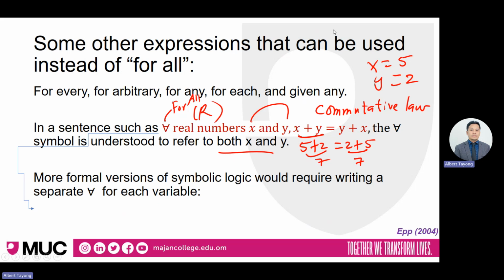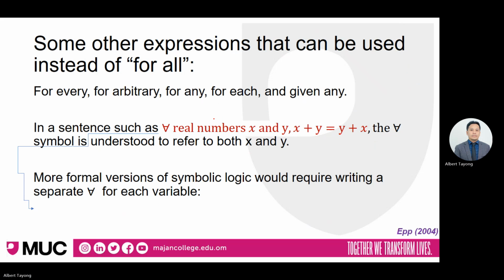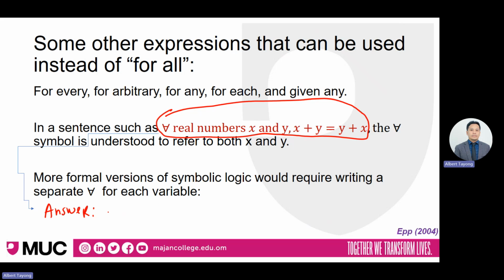Okay, so how do we change this into predicate form? For all real numbers X and Y, comma, X plus Y equals Y plus X. So I'll put the answer here. So there are two variables. So we have it like this. For all X, and then the domain is R, real numbers.